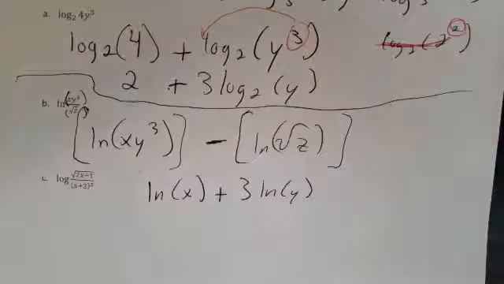First thing I see is log, and it looks like a square root of 2x plus 1. I'll go ahead and write it out. We can rewrite that as 2x plus 1 to the 1/2 power if we wanted to.